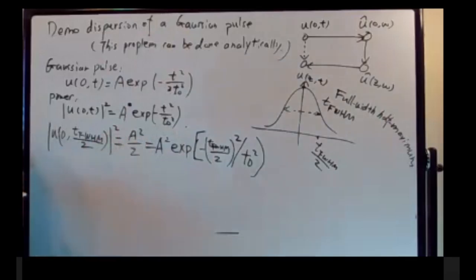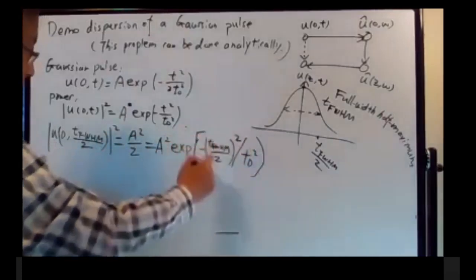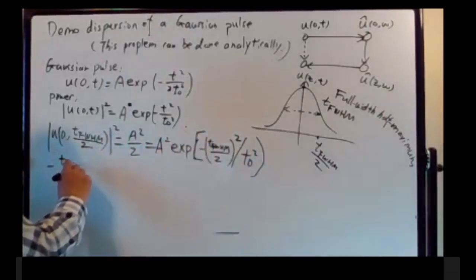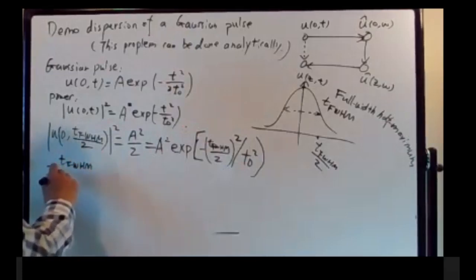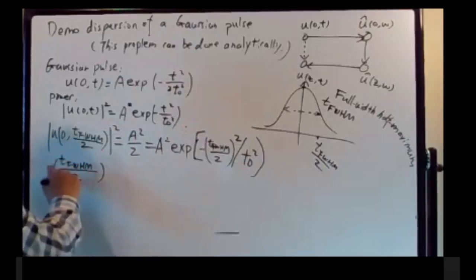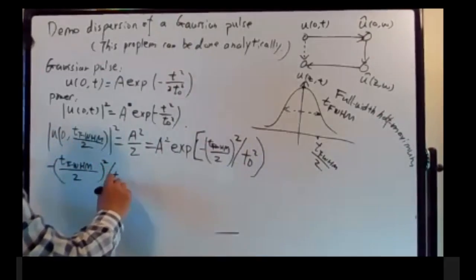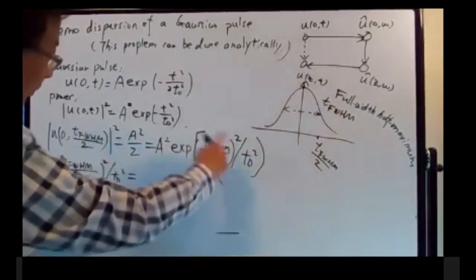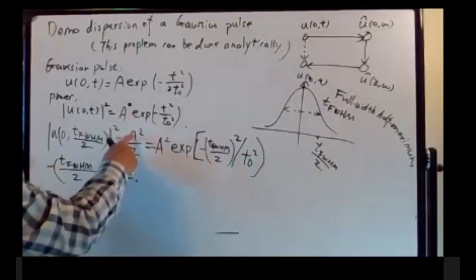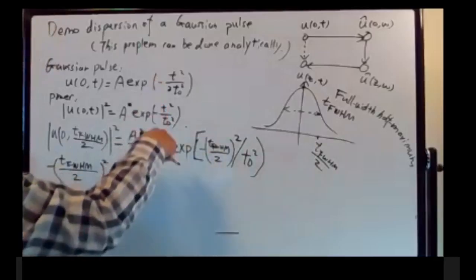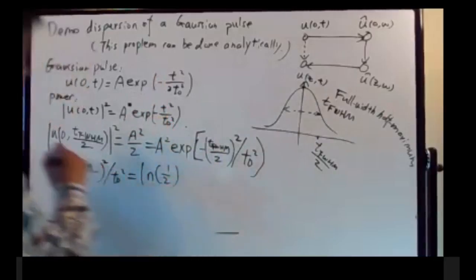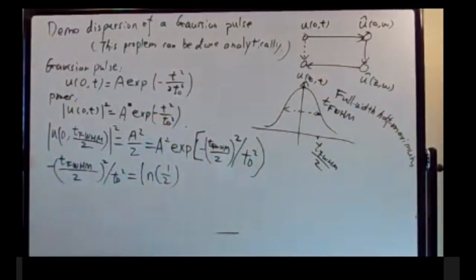So this whole piece is negative T full width half maximum over 2 squared over T naught squared, right? This piece A squared cancels out, it's half. Let's take a natural log, right? Natural log. So that's this piece.